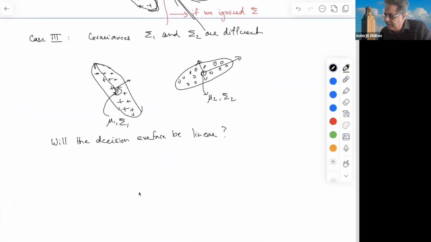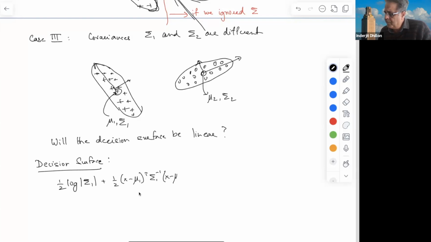The decision surface is 1/2 log of the determinant of sigma 1 plus 1/2 (x minus mu1) transpose sigma 1 inverse (x minus mu1) minus log p of c1, equal to 1/2 log of the determinant of sigma 2 plus 1/2 (x minus mu2) transpose sigma 2 inverse (x minus mu2) minus log of pc2.